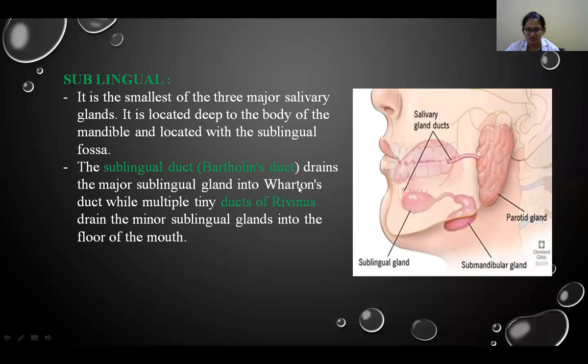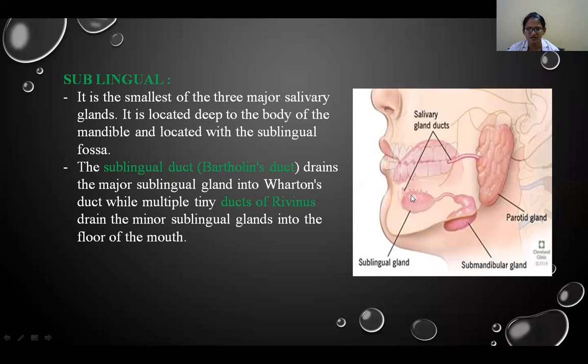Here, this sublingual gland has many minor ducts. Not all these ducts fuse, whereas some ducts fuse as the ducts of Rivinus.